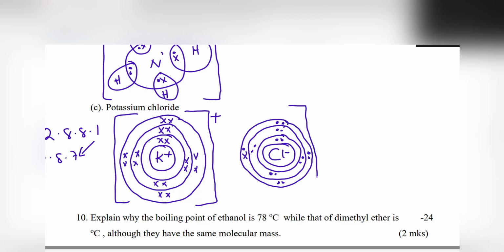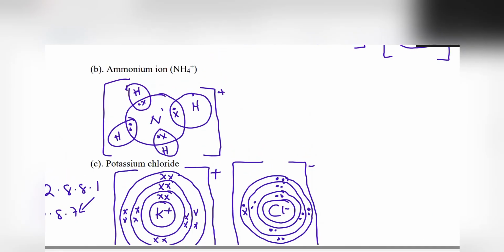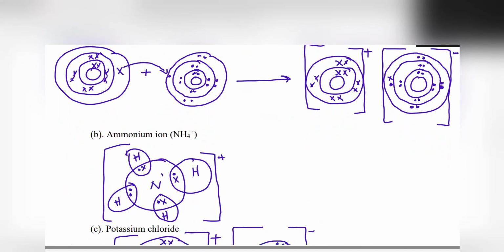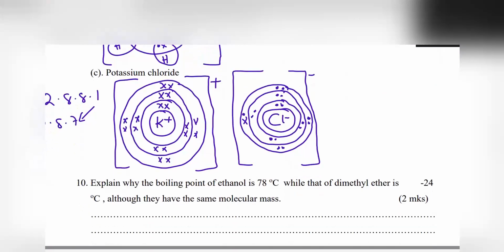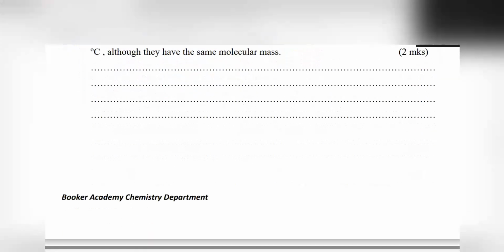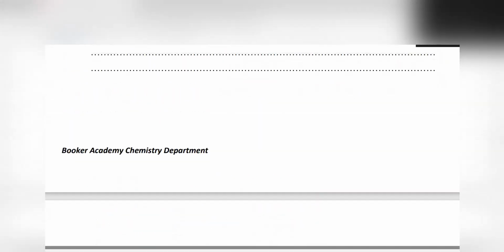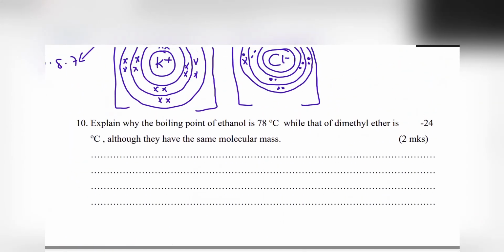So the charge is negative. So that is how we show bonding in potassium chloride, ammonium chloride, and sodium chloride. We move to question number 10.